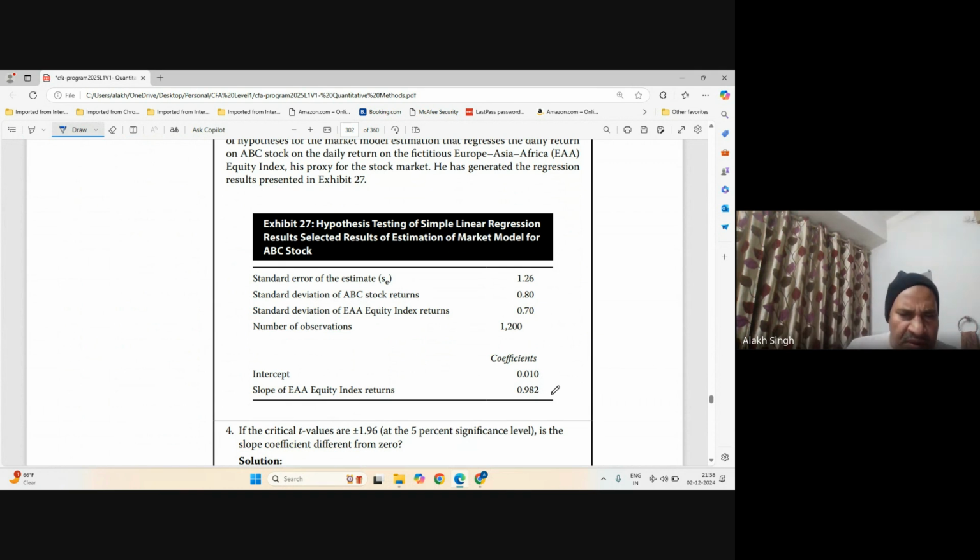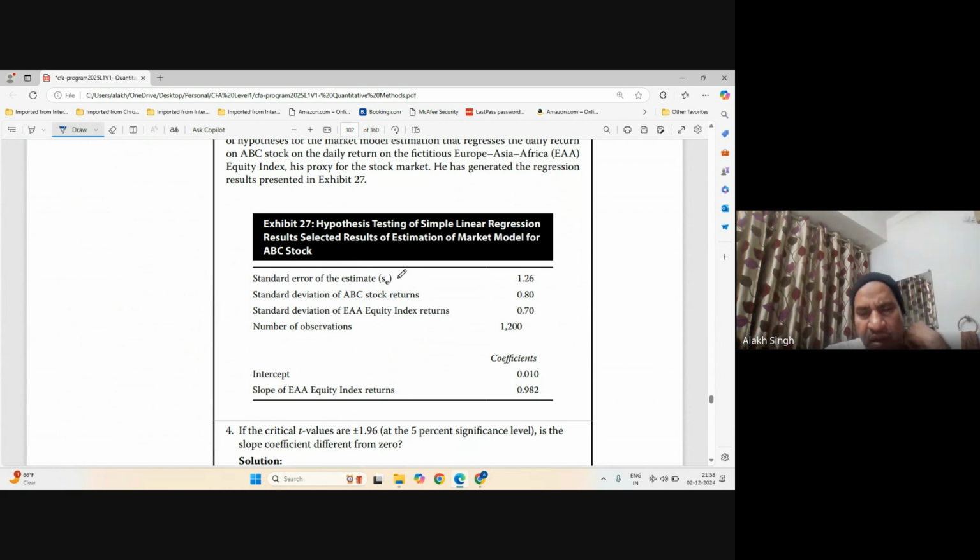So SE B1 is the standard error of estimate divided by the square root of sigma (xi minus x bar) whole square. Do we have that information? We must be having a standard error of estimate, not the standard error of slope. Is it SE of beta or SE of the total?